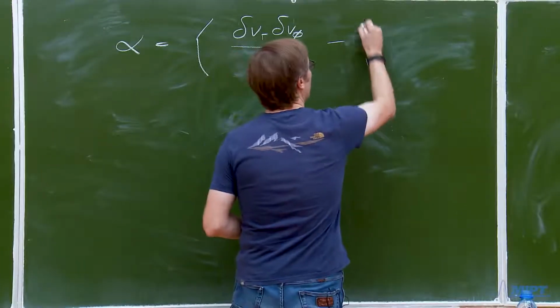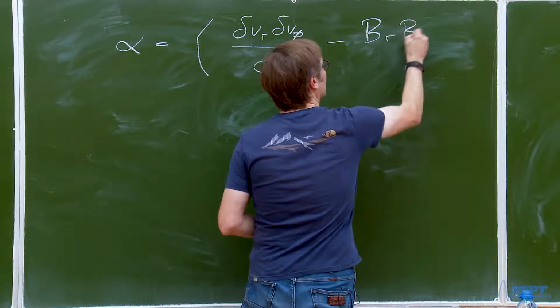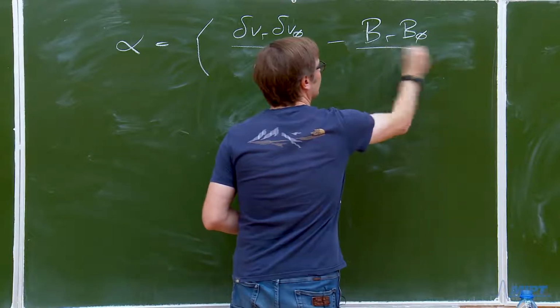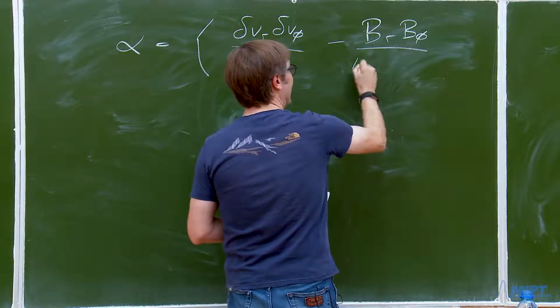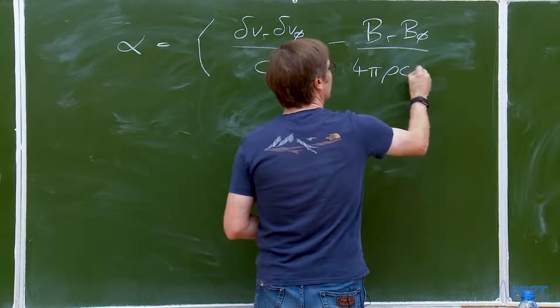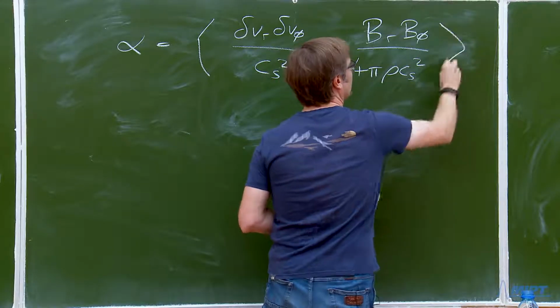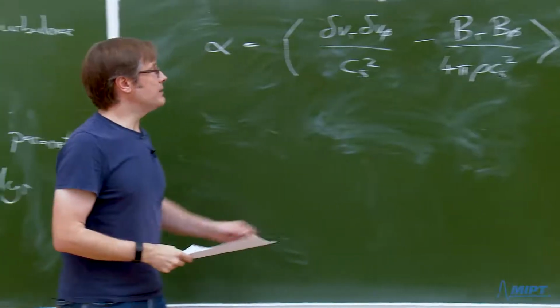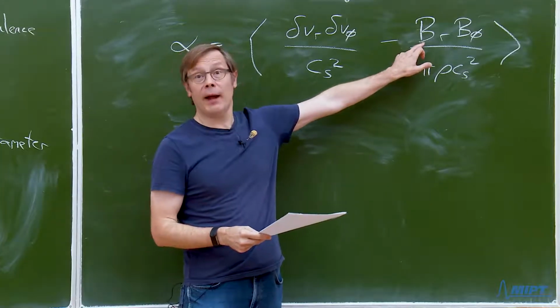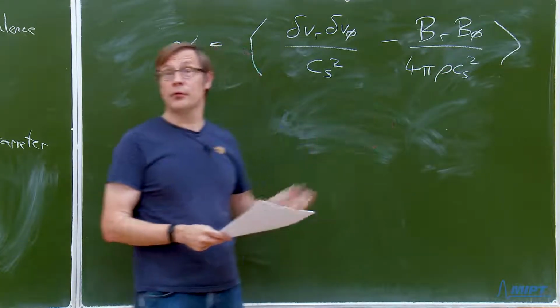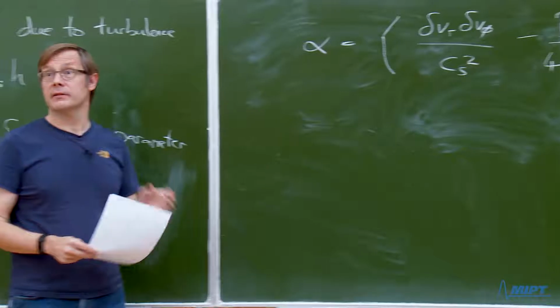And then we have a second component, which is magnetic, which depends on the correlation between the radial magnetic field and the azimuthal magnetic field within the disk.